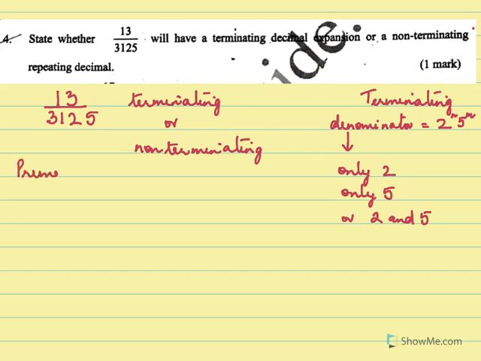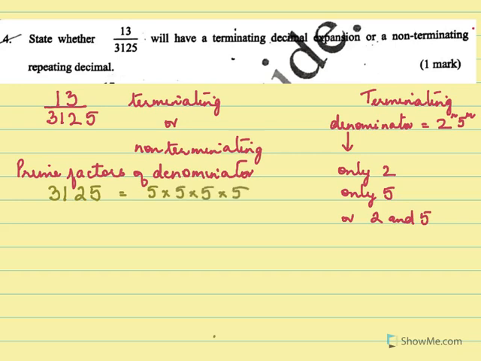So the prime factors of denominator are, let's do that, 3125, and if you do prime factors, you see it is 5 into 5 into 5 into 5 is 5 raised to 4.